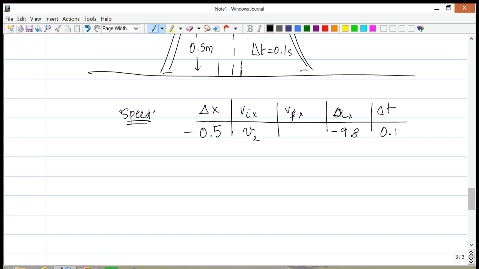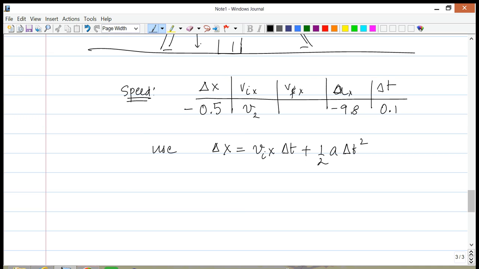Okay, so we're going to use one of our equations, which is delta x equals vix delta t plus 1/2 a delta t square. We have all our stuff. We have negative 0.5 for this. vix is what we're finding, which we'll call v2.